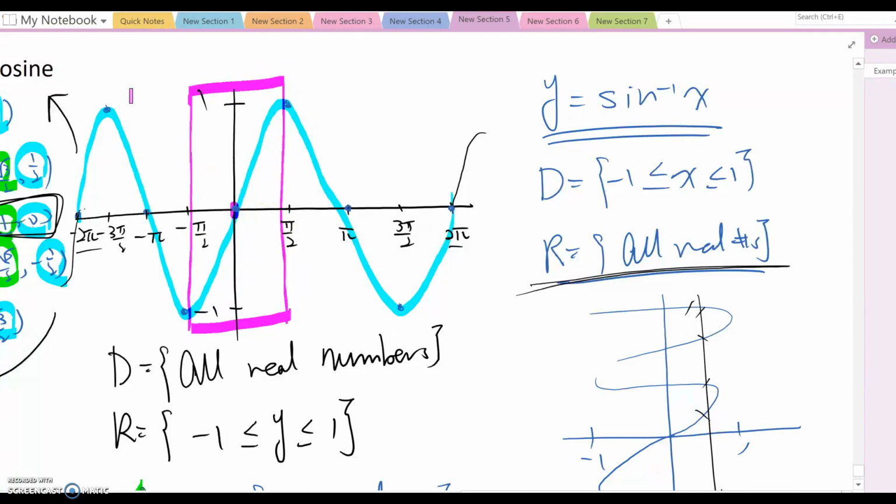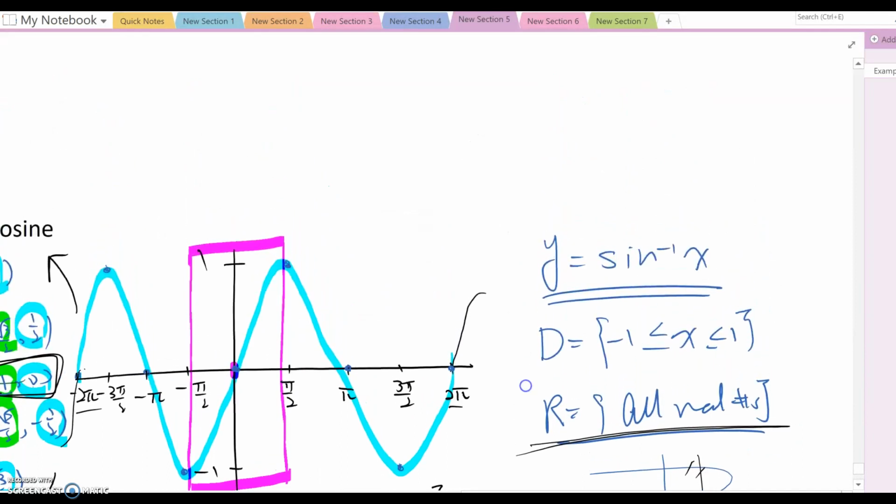Okay, so I'm gonna draw the inverse sine function graph above here. First of all, the domain is negative 1 and 1, and the range, as you see, is negative pi over 2 and pi over 2.